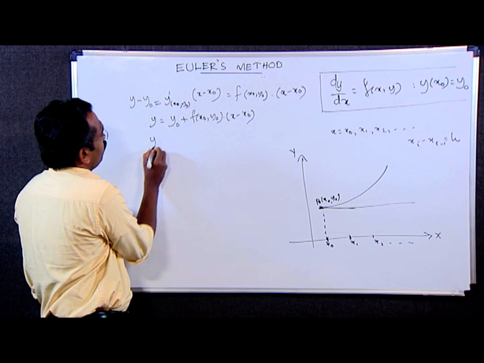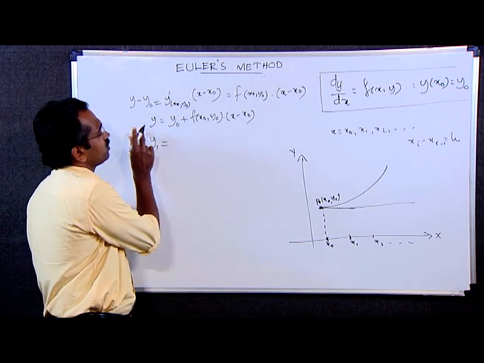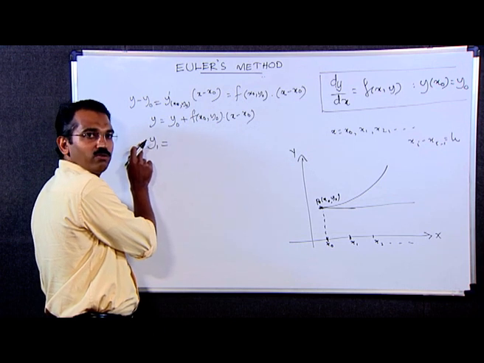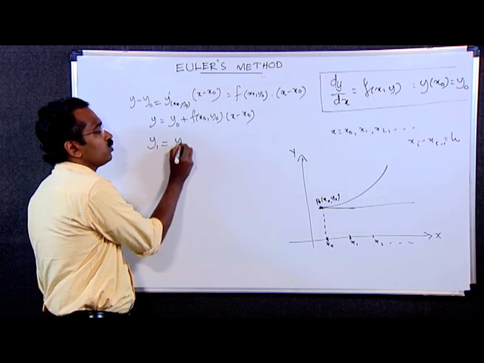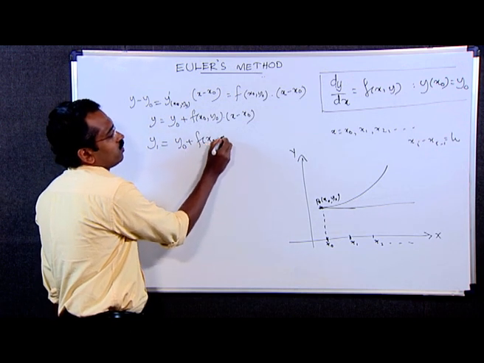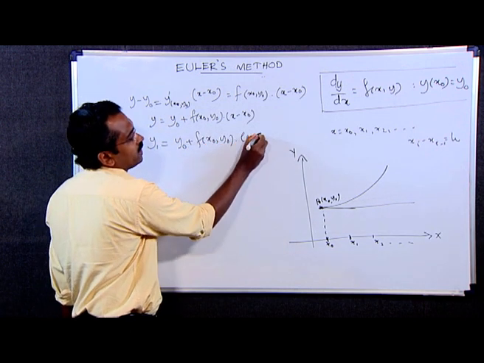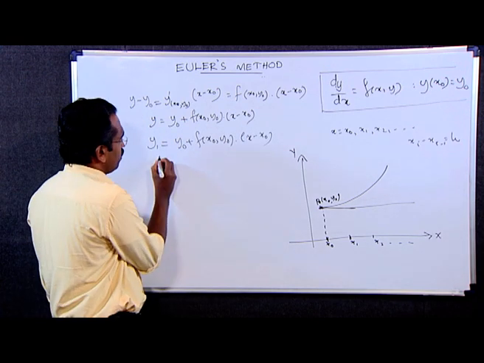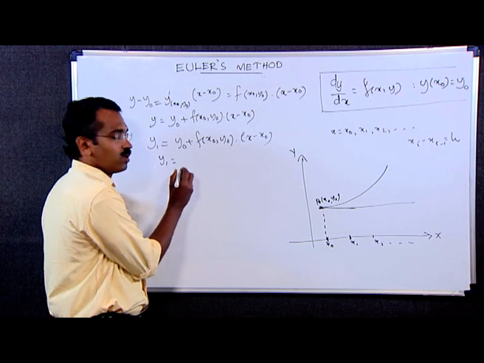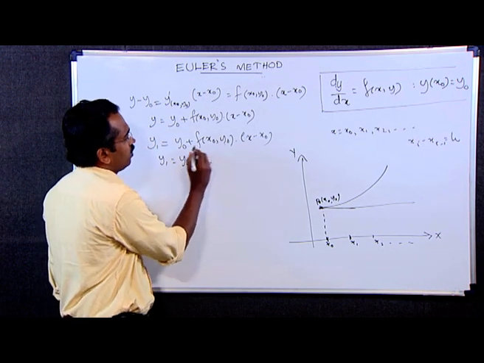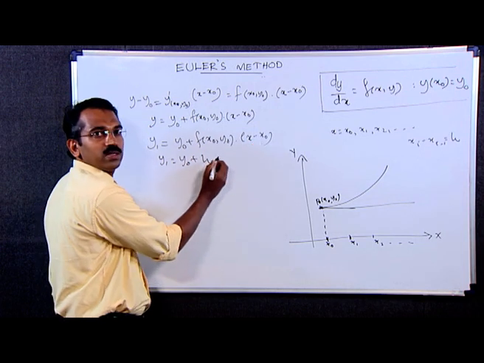Therefore, we can use the notation y 1 for the value of y, which is equal to y naught plus f of x naught y naught into x minus x naught. That is, y 1 is equal to y naught plus h into f of x naught y naught, where x minus x naught is h.